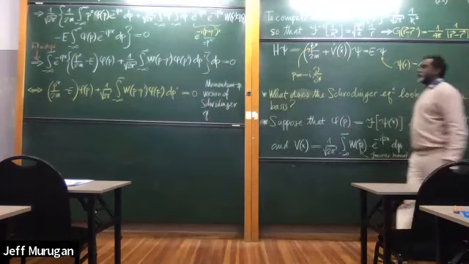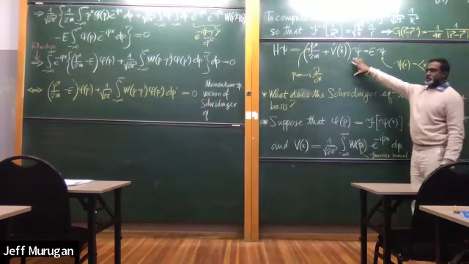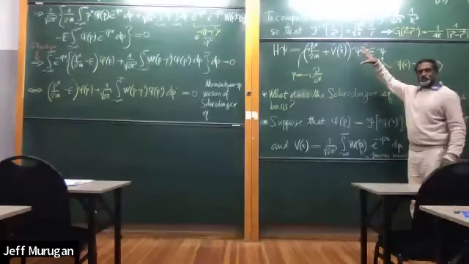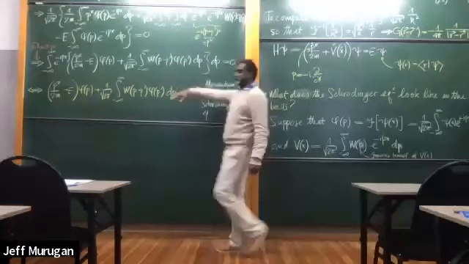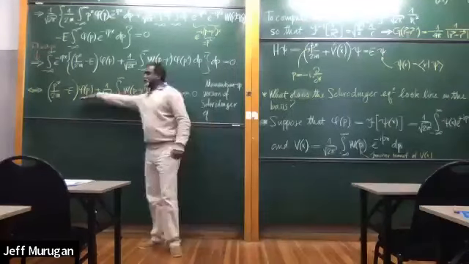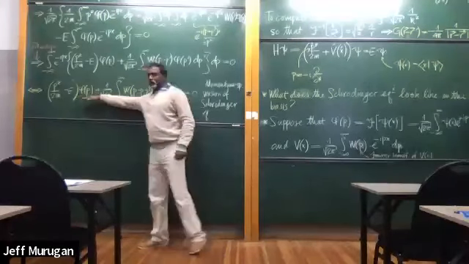The difference between this and the earlier Schrodinger equation is that the earlier one is a second order differential equation, involving derivatives. This thing involves the function that we're trying to solve for, phi of p, and its integral.